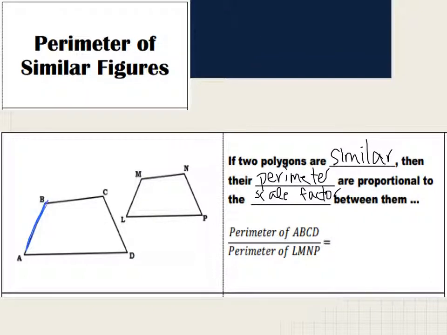Side AB is proportional to side LM. Side BC is proportional to side MN.